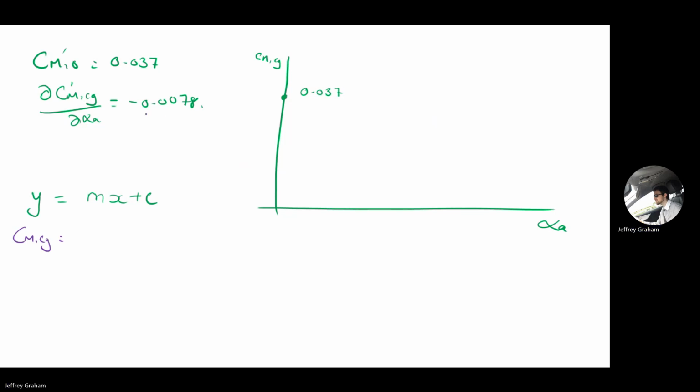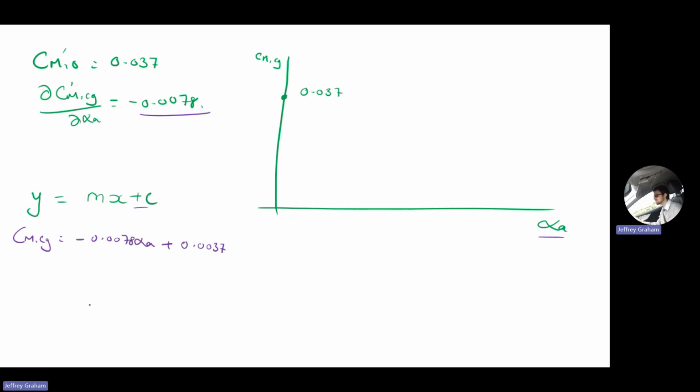M is that. The x-axis is alpha A. And we know it's intercepting the y-axis at positive 0.0037.